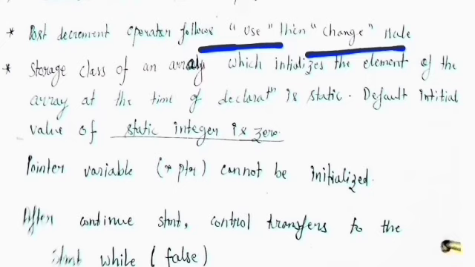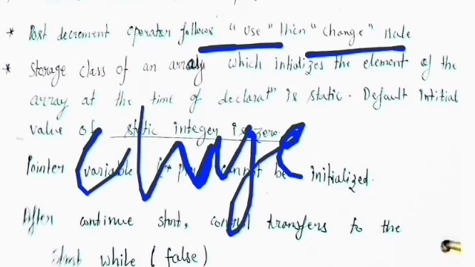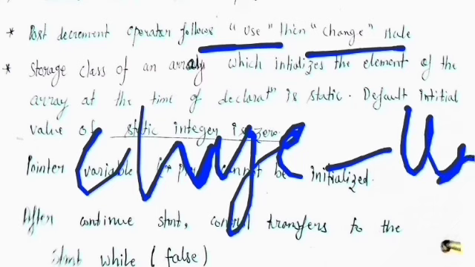Means firstly we use the value of the post increment, then we change the value of the given operator. And in pre-increment we first change, then use. It is the opposite of the post decrement or increment operator.